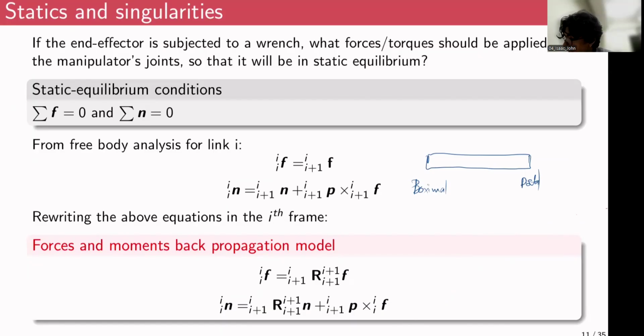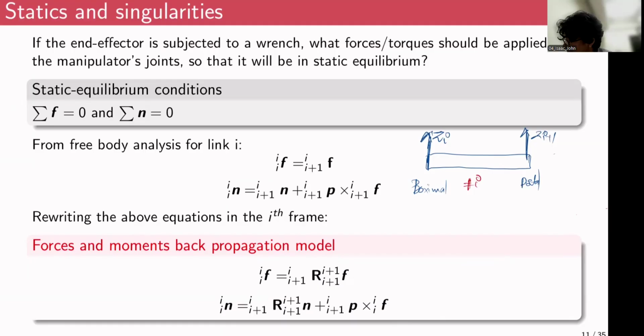If you consider this to be the ith link, you will have a frame here. We call this the frame Zi. If this is the Zi axis, this is the frame corresponding to the ith link. And if you have an I+1 link, you will have a frame over here, Zi+1, right? The forces acting on this link are expressed in the ith frame as well as the I+1 frame.